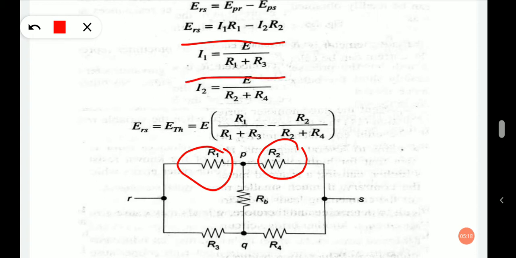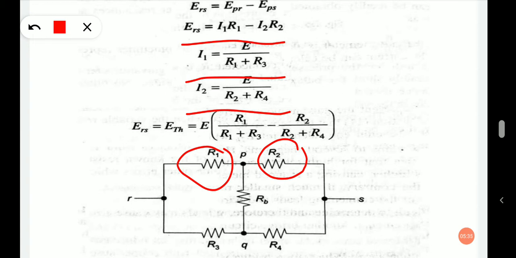Next, for I1 and I2, we can write the following expressions. That is, I1 equals E upon R1 plus R3, and for I2, E upon R2 plus R4.